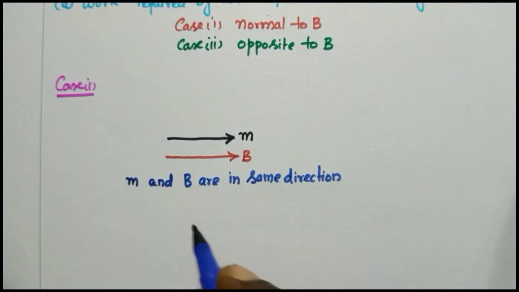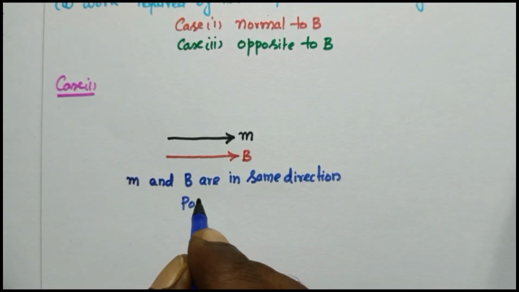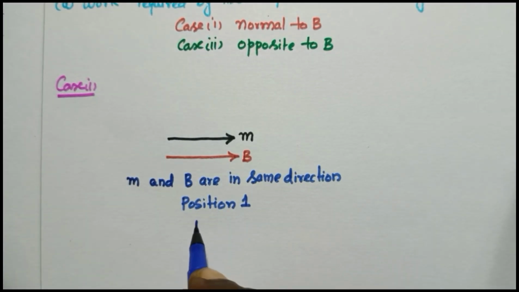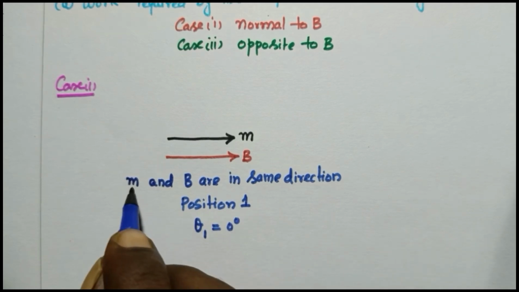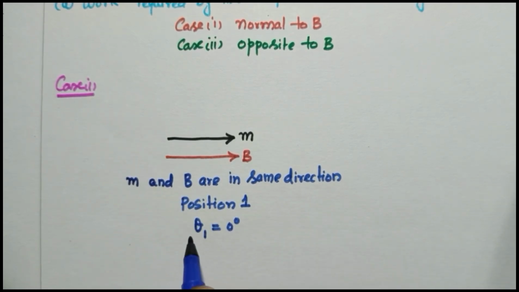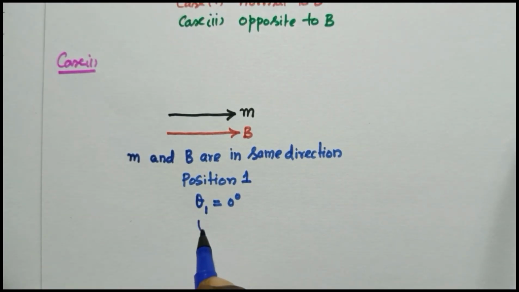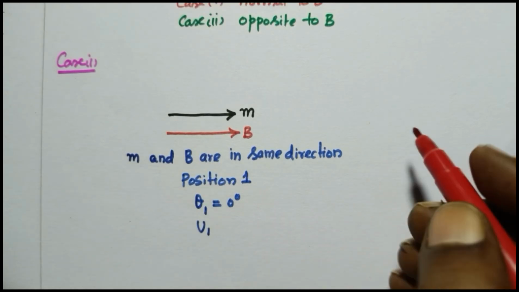This is the initial position, position 1. The angle between M and B is theta 1, and theta 1 is equal to 0 degree, since M and B are in the same direction. The potential energy in this position is U1.